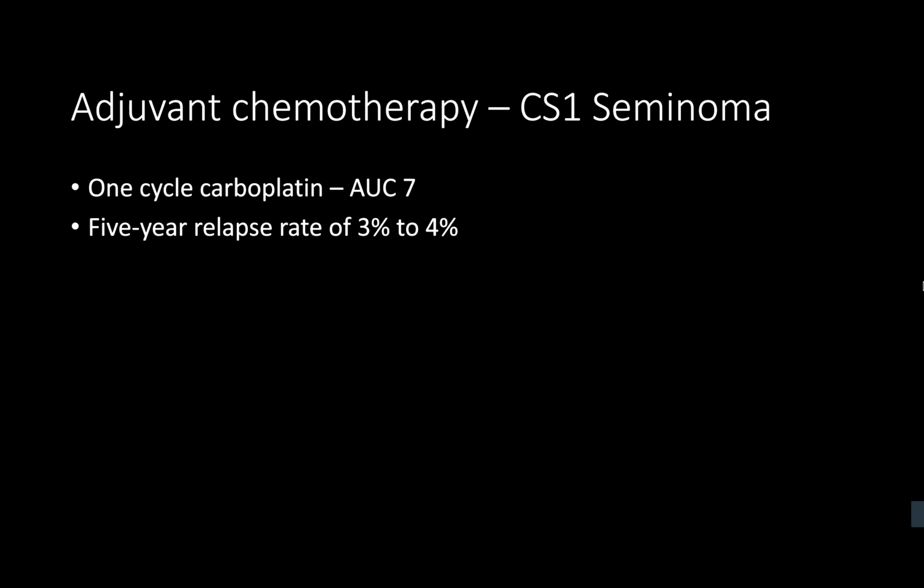However, the EAU guideline recommends a single cycle of carboplatin. Okay. What was the shortcoming of the Spanish study? I'm not aware of that. Yeah, so it is the number of patients, and the follow-up was only for 34 months. Okay. So even though it was exciting to see that it is 1.4%, that's why it is not considered a standard until now. It might change later.